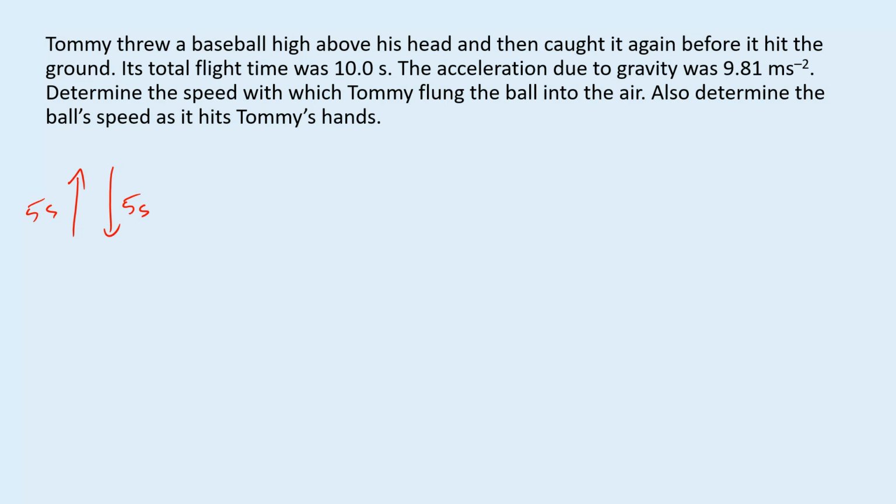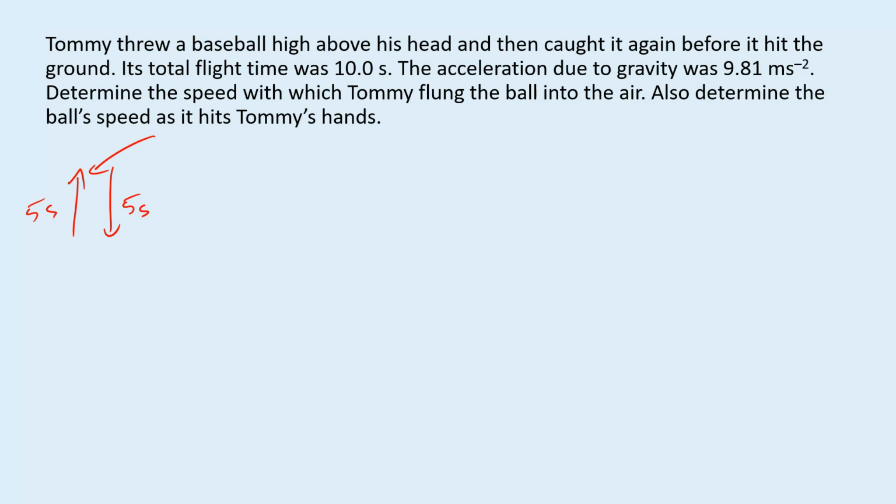These speeds are going to be the same, of course, right? We're going up for 5 seconds, down for 5 seconds. And gravity is the same, so 9.81 downwards. The ball is slowing down on its way up. It's speeding up on its way back down. But right at the very top of the ball's flight, the ball is not actually moving.